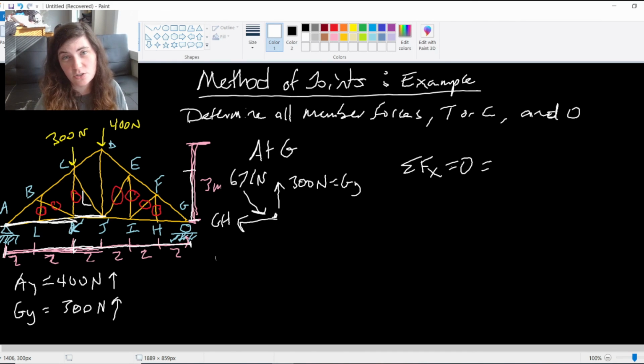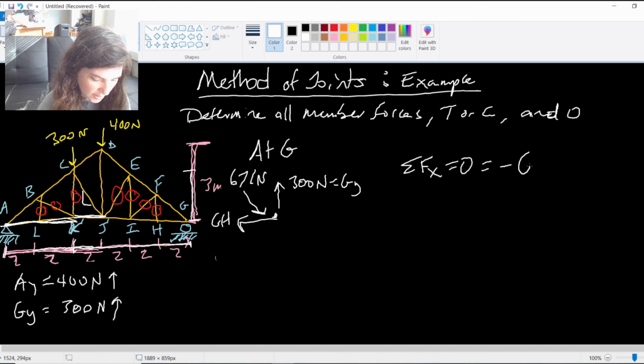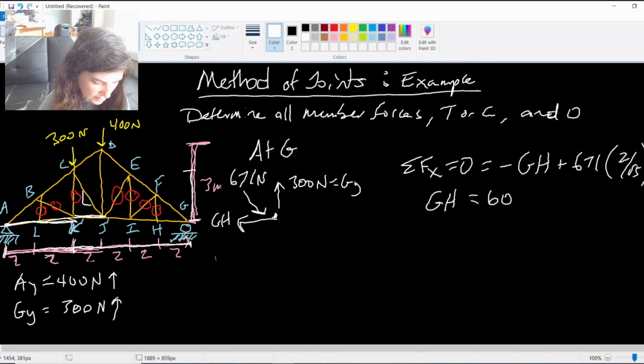It's not going to make any sense to do my Y equilibrium equation because I already know everything in the Y directions. So I'm going to have negative GH plus 671 times the X component of that, which is 2 over square root 5. I get GH is 600 newtons, and it came out positive, so it is in tension.